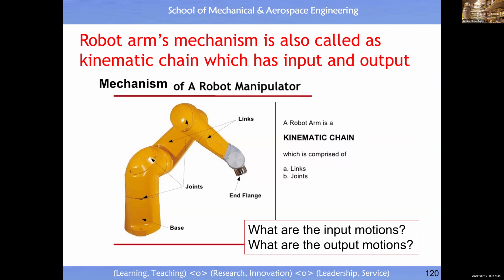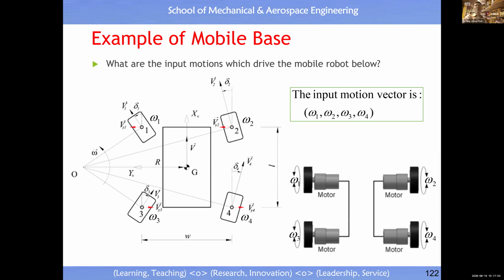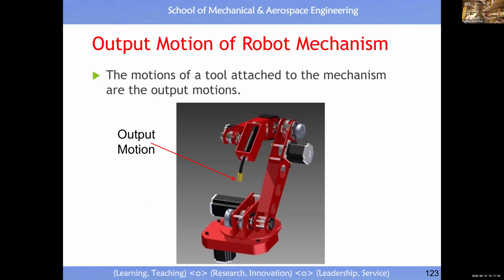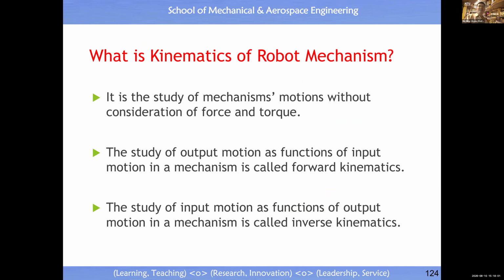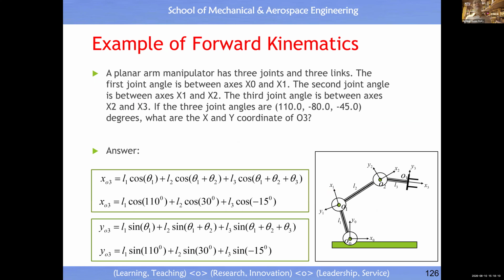So Amma will continue the study with you, okay? Then pay attention to the input motion to the robot mechanism, the output motion from the robot mechanism, and the relationship between input motion and output motion. What do we mean by robot kinematics? Okay, kinematics, we have forward kinematics, inverse kinematics, and we also have forward dynamics, inverse dynamics, etc.